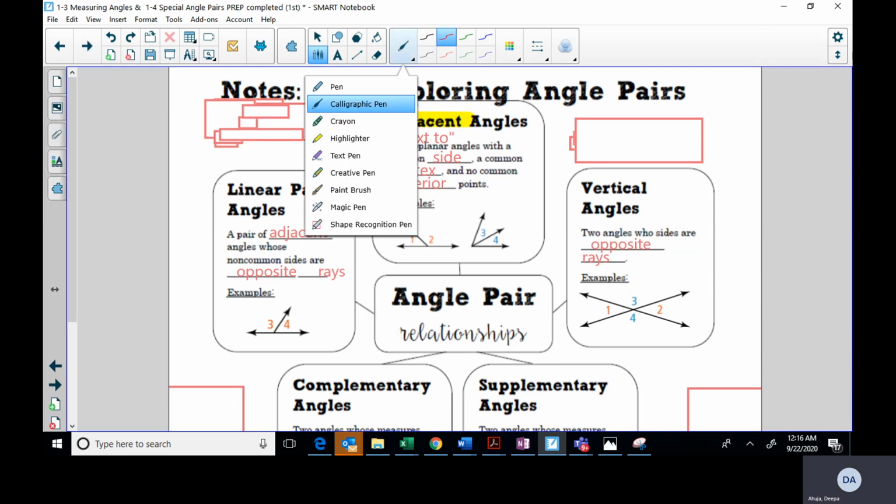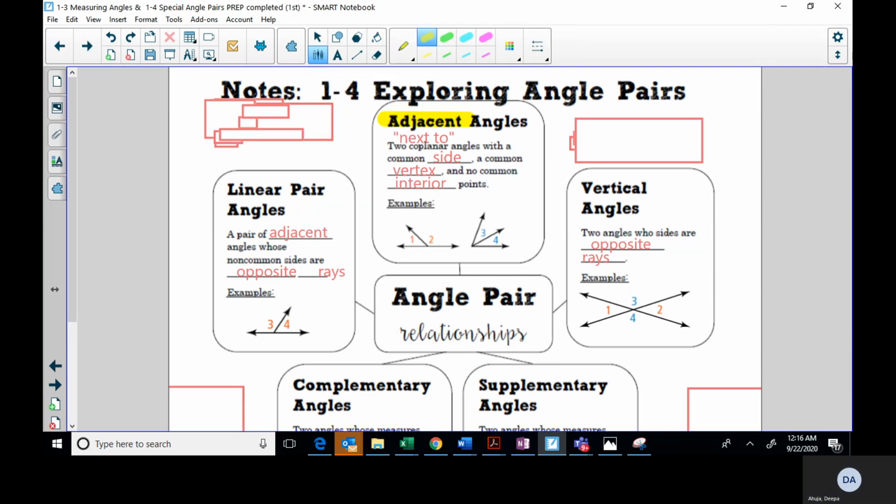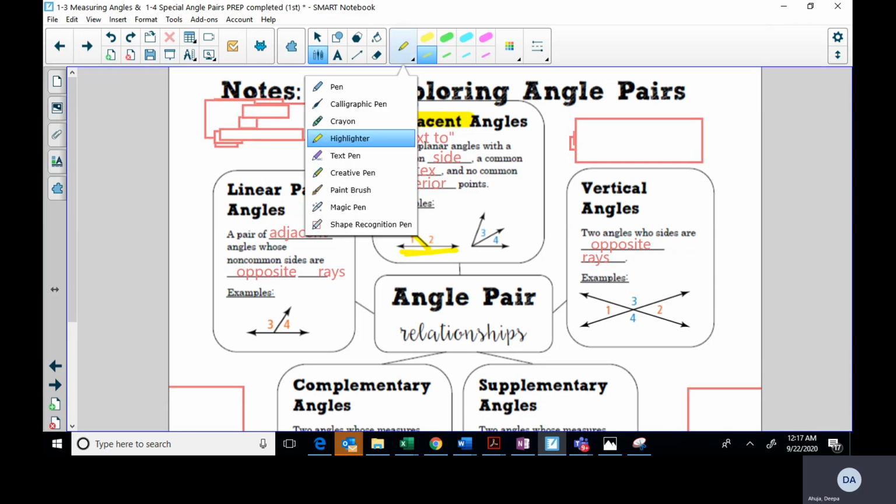One second, let me get the highlighter out. If we look, we can see that there are two angles being formed, angle 1 and angle 2. Both the angles have one common side.